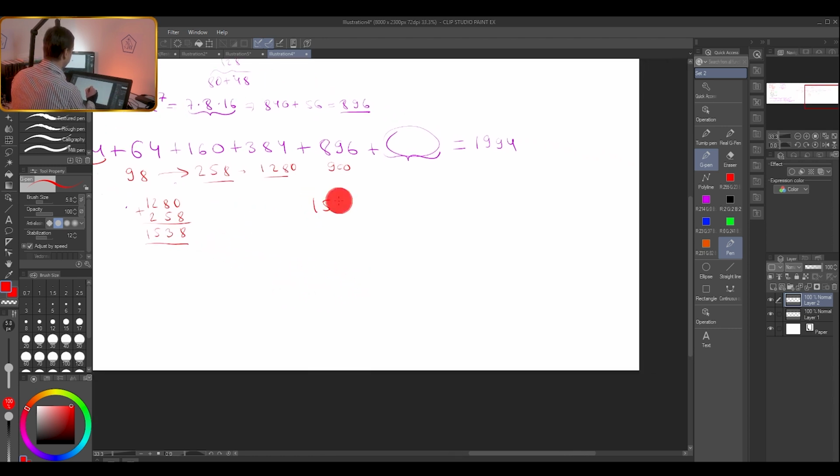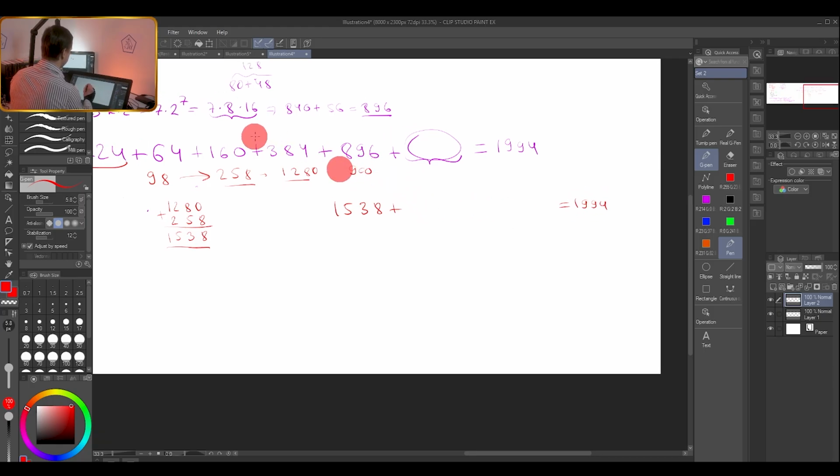So 1538 plus the sum of several elements should be equal to 1994. Let's remember where we finished. The last number here was 7 times 2 to the power of 7, the contribution from the interval with left end 2 to the power of 7 and right end 2 to the power of 8.